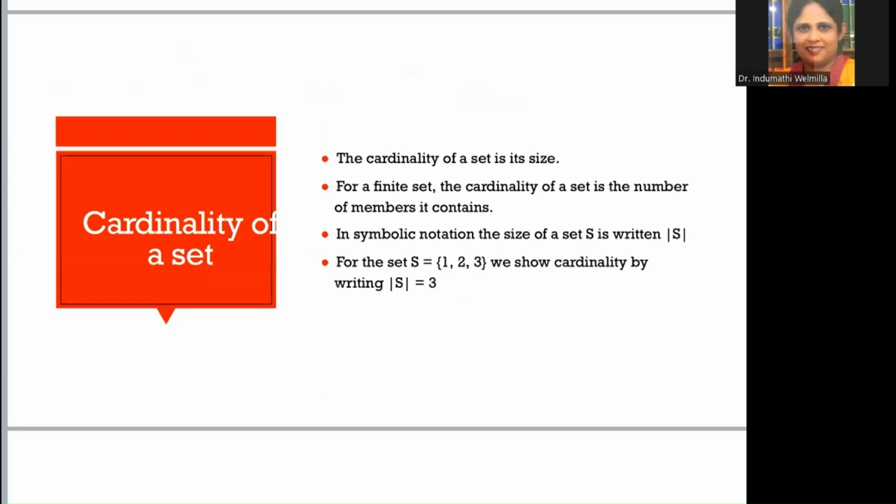So next we have to understand different types of sets. We have several types of sets in mathematics. There are empty sets, finite and infinite sets, proper sets, equal sets, etc. So let's see them one by one.